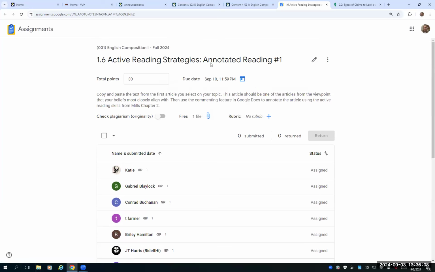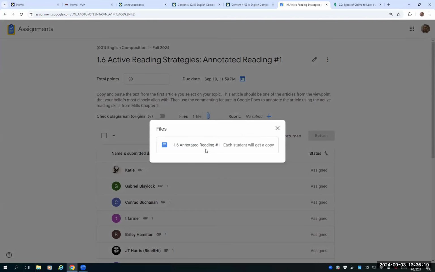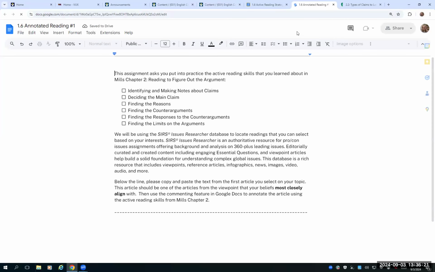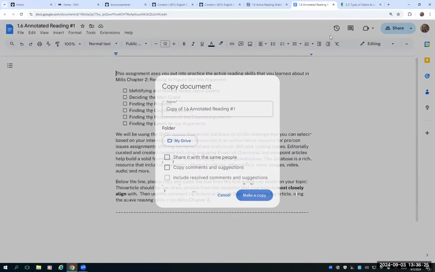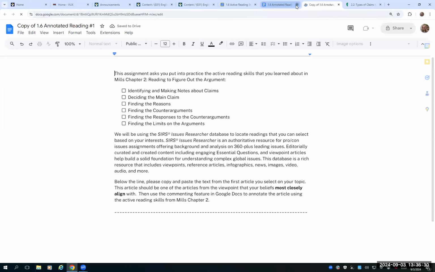Okay. So what I need you to do right now, yours won't look exactly the same as mine, but when you click on this, it's going to allow you to open up a file. You're going to open up that file link. I've got to make a copy so I'm not editing the copy it's giving you.